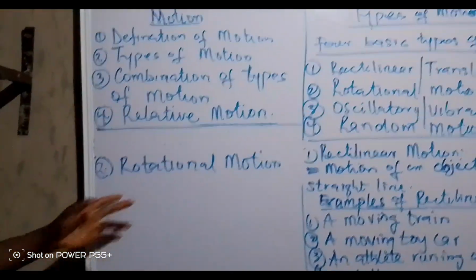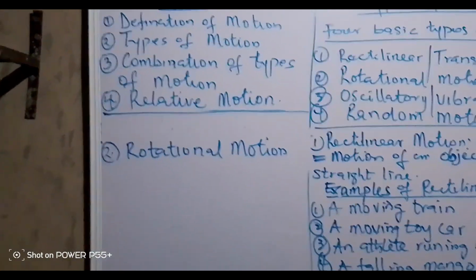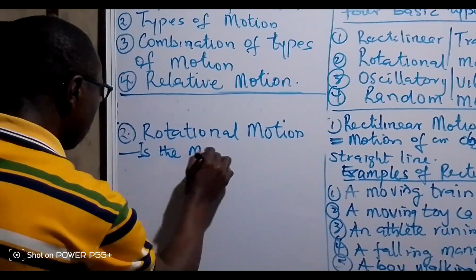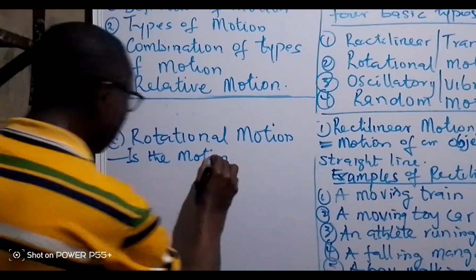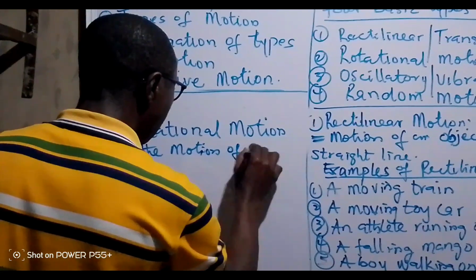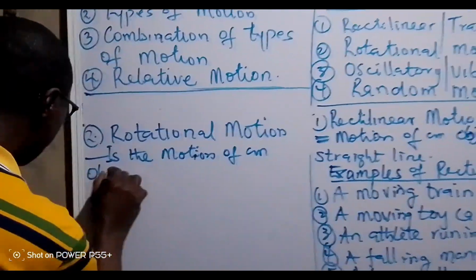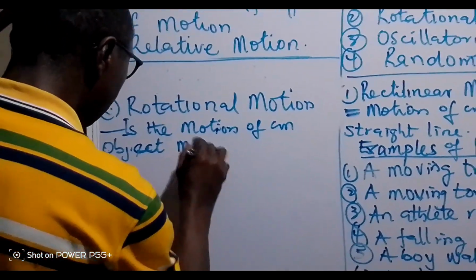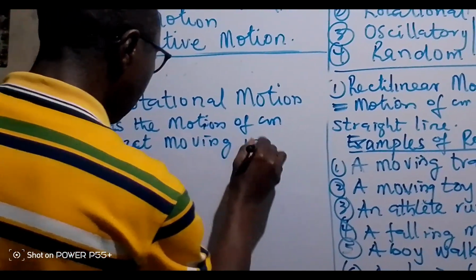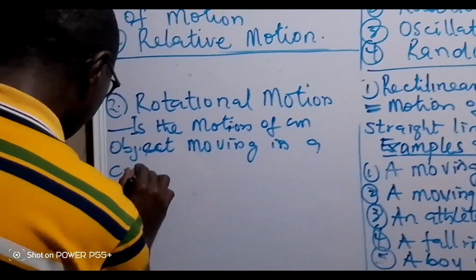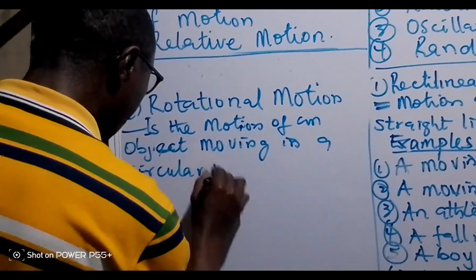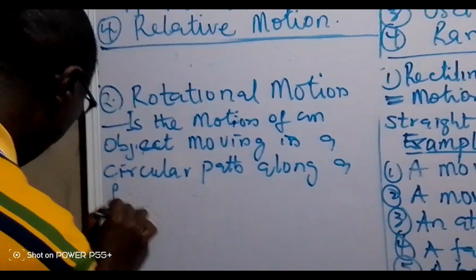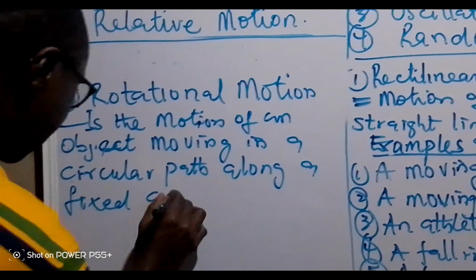Now, let's take number 2, rotational motion. Rotational motion is the motion of an object moving in a circular path along a fixed axis.